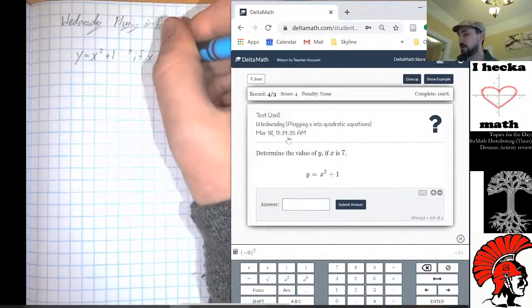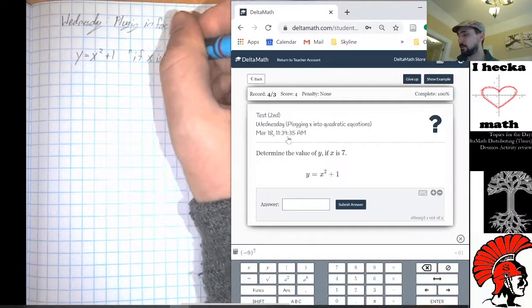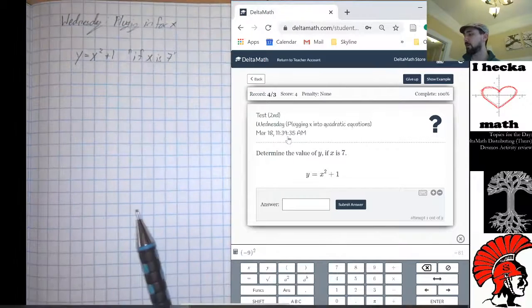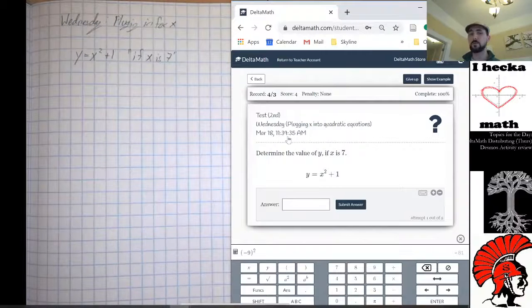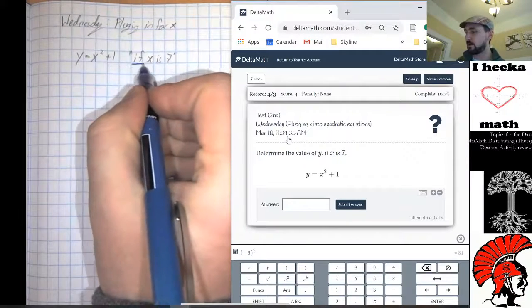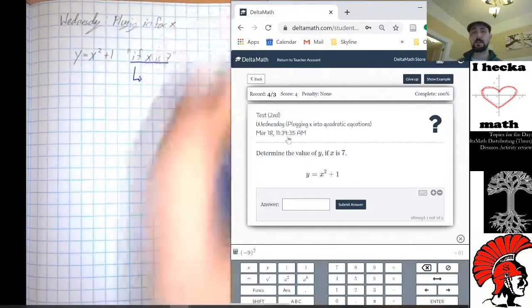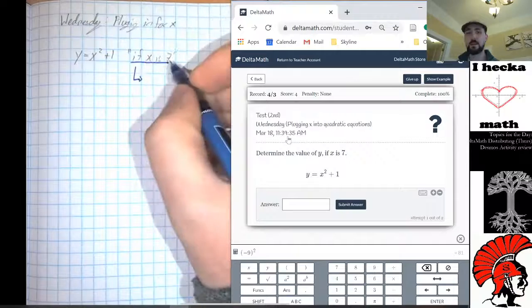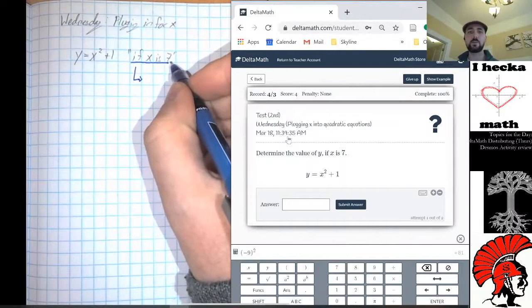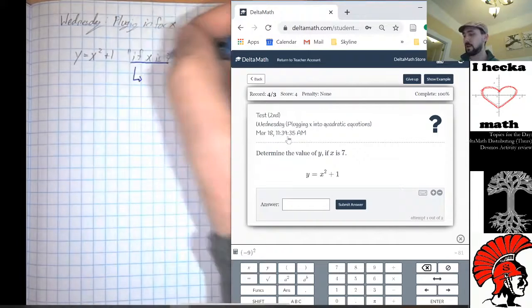If x is 7. Okay, I'm going to go through this one pretty quickly because this is really similar to the video and to the problems we did earlier this week. So this should look familiar, right? This is language that we use all the time. This is telling us to replace, substitute, plug in 7 for the x over here.